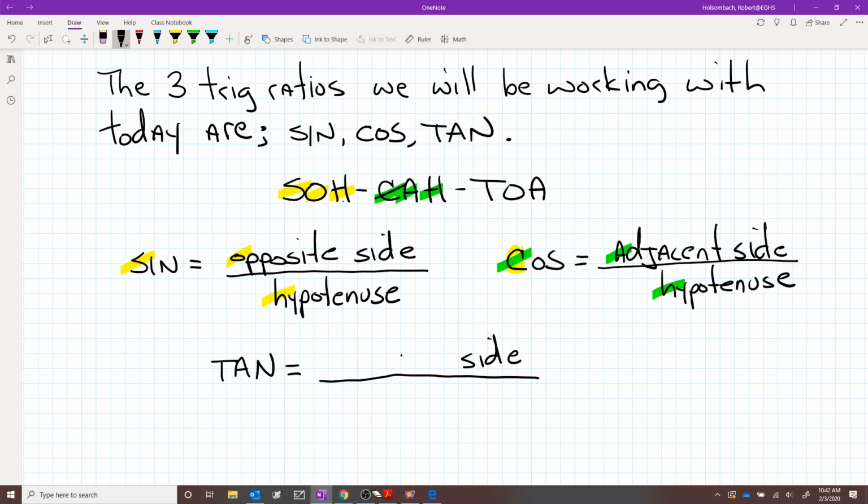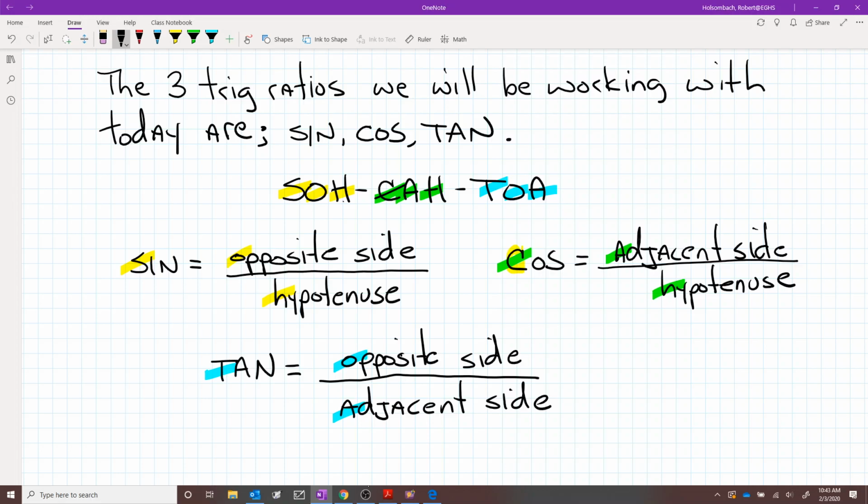Opposite side divided by the adjacent side. So your T, your O, your TOA, tan equals opposite over adjacent. Everybody good so far?